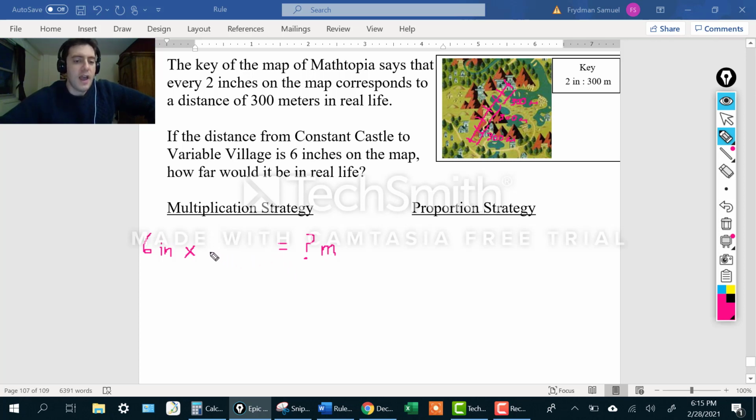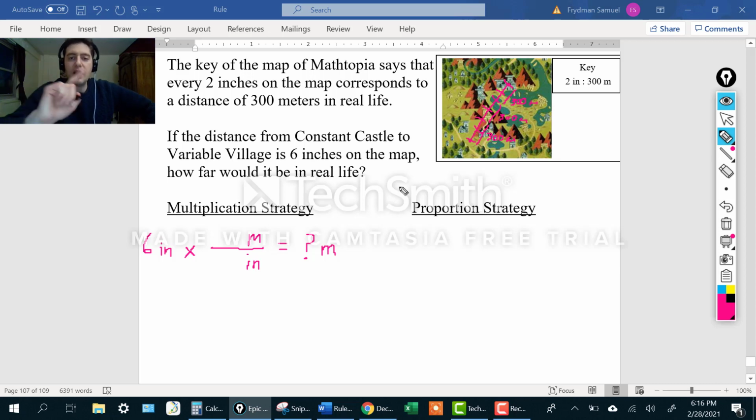Okay? And now the way that we do it is we're going to write a fraction over here. And this is why we started out by doing it this way, by writing the inches over here and the meters over here, because I have to know in my fraction, do I want to put the inches in the numerator and the meters in the denominator, or do I want to put the meters in the numerator and the inches in the denominator?